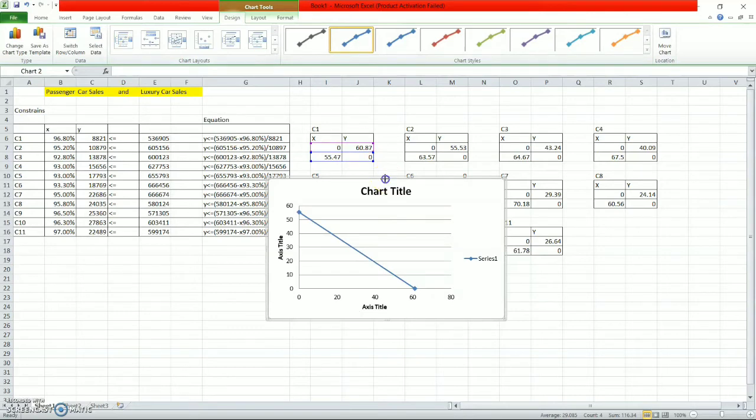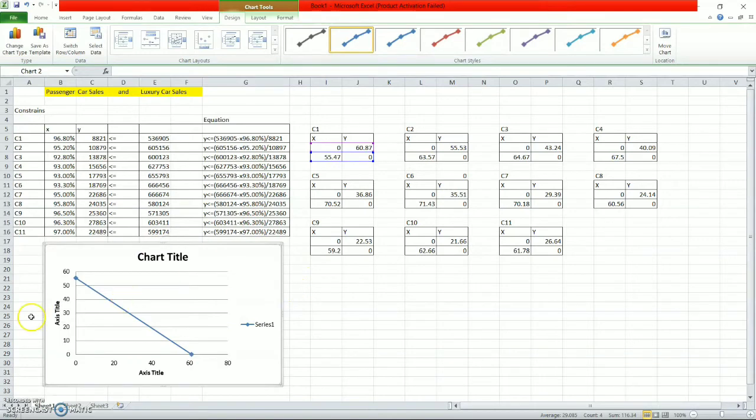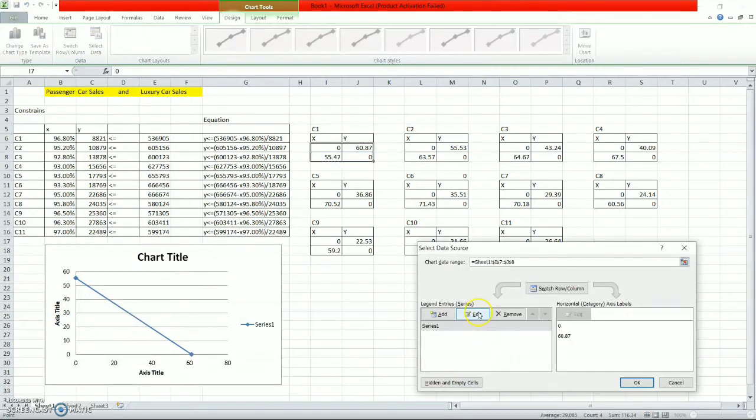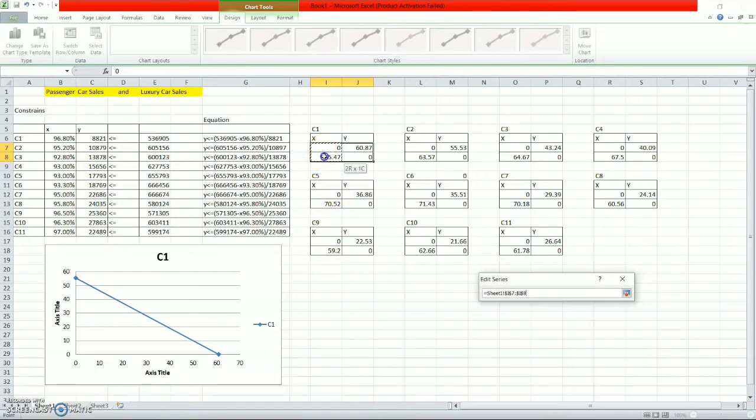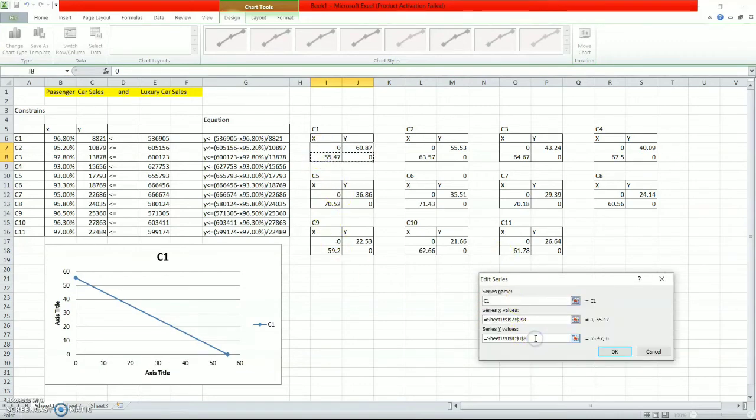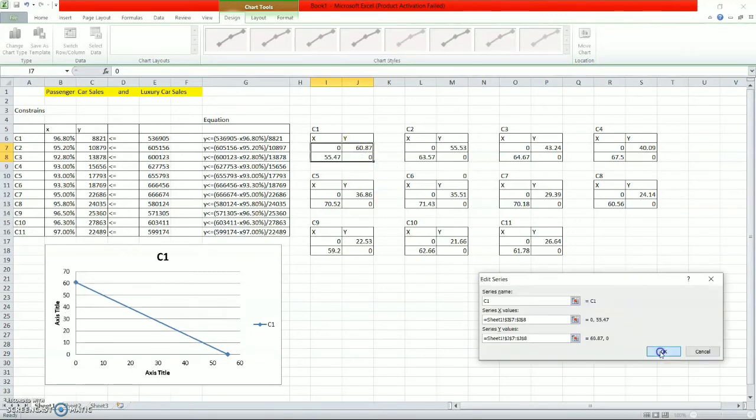So now I need to move this for my work. Now I need to edit here, select data, and then press edit. For the series name I will provide C1, then the X values of C1, and then the Y values of C1, and then I press OK.